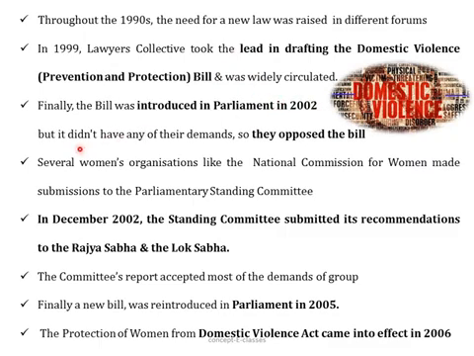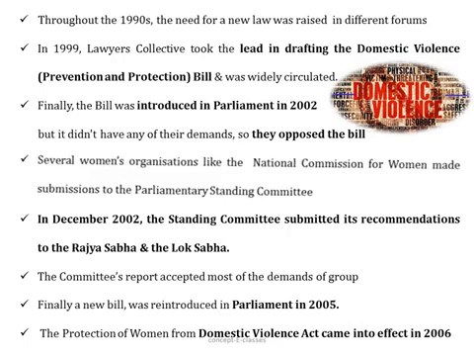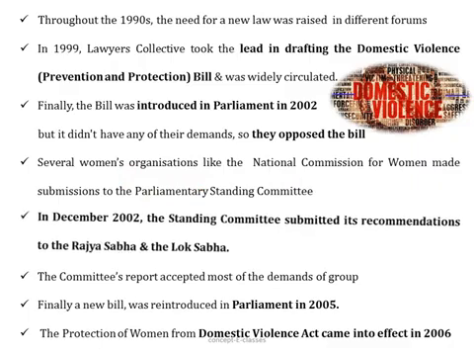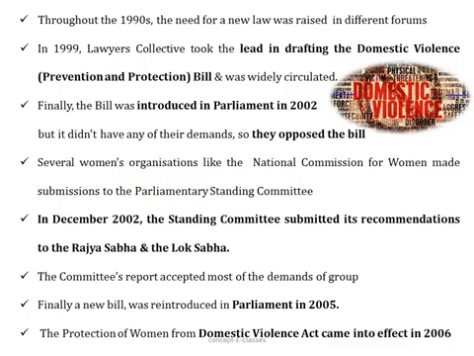But it didn't have any of the demands that the group suggested. So the women opposed the bill. And they formed many organizations like the National Commission for Women, and they made submissions to the Parliamentary Standing Committee. And in December 2002, the Standing Committee submitted its recommendation to the Rajya Sabha and the Lok Sabha, and the committee's report accepted most of the demands of the group.